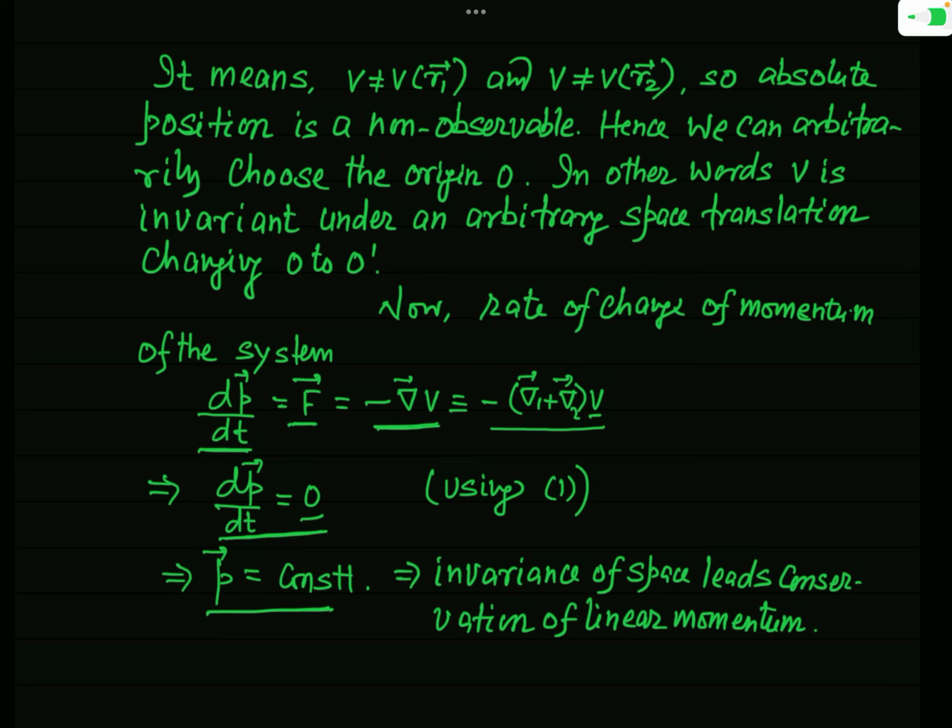So what you have seen here is that when we consider that the position is non-observable, and that means if you change the position, it does not make any difference in measuring the interaction energy, then the total momentum of our system remains conserved. So you can say that invariance of space leads to the conservation of linear momentum. Okay. So how invariance of space leads to conservation of linear momentum, I hope you have understood it.